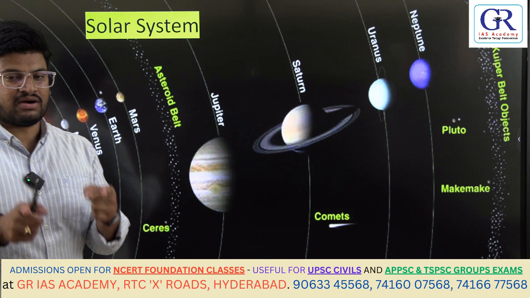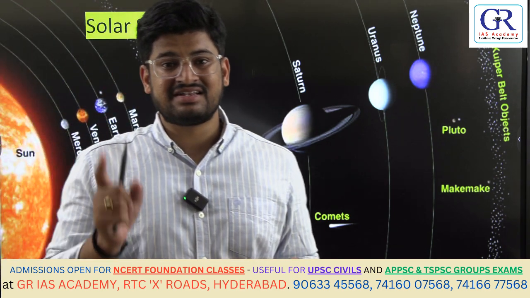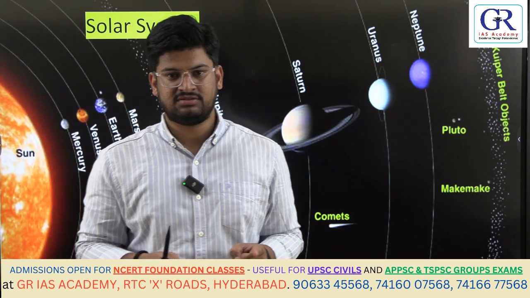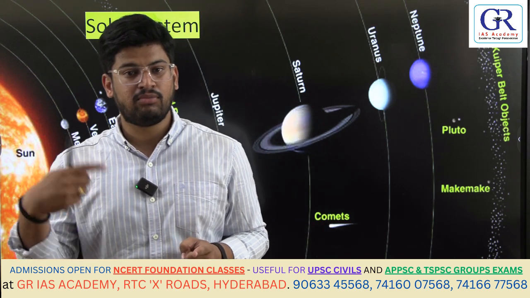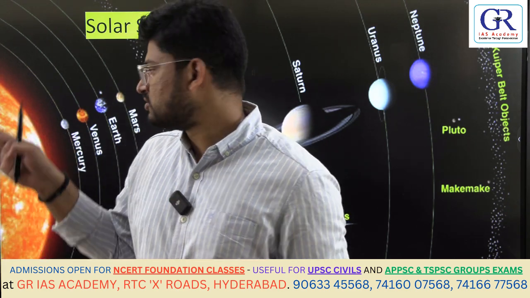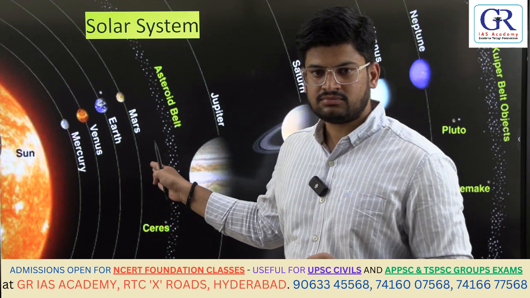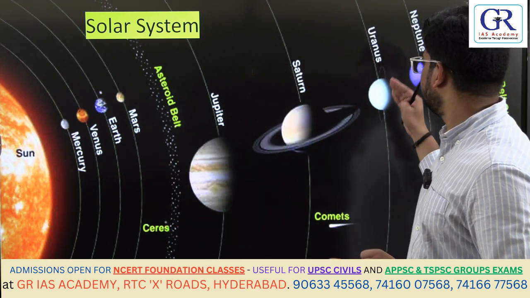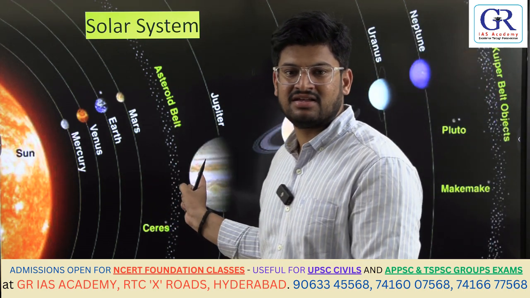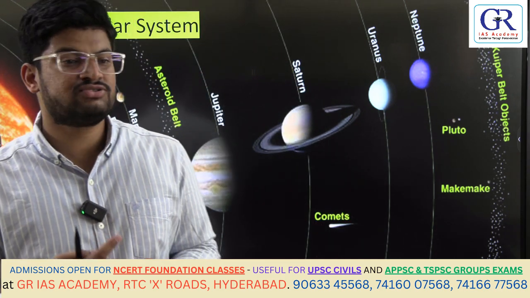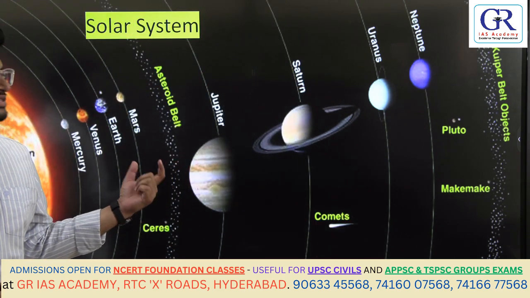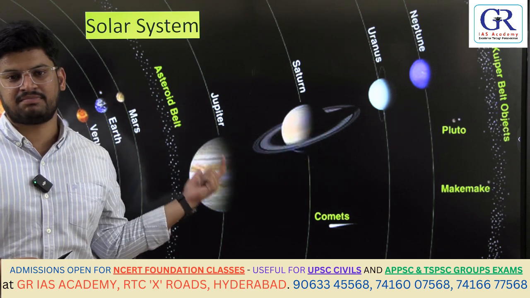So what is the difference between terrestrial and Jovian planets? Terrestrial planets are rocky in nature. All the gases in these planets were blown off by the Sun's intense solar winds. In the case of Jupiter, Saturn, Uranus and Neptune, they remained as gas giants because the solar winds were not that intense.